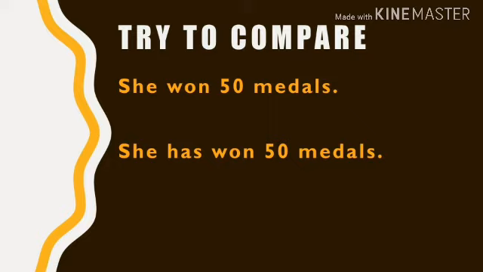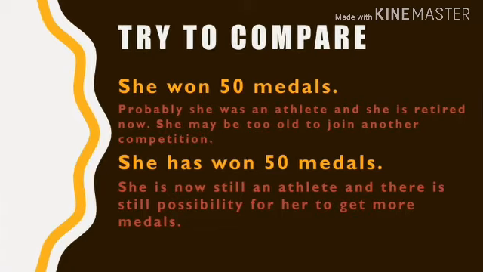Okay, now the last examples. Try to find the difference between these two sentences. The first is, she won 50 medals. The second, she has won 50 medals. What's the difference?